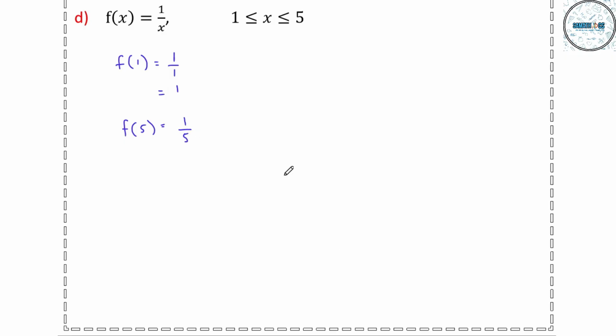So the range is f of x greater than or equal to 1 upon 5 and less than or equal to 1. 1 is in the domain, so that's why this one is included in the range. This 5 is in the domain as it is less than or equal to, so 1 upon 5 is also in the range.